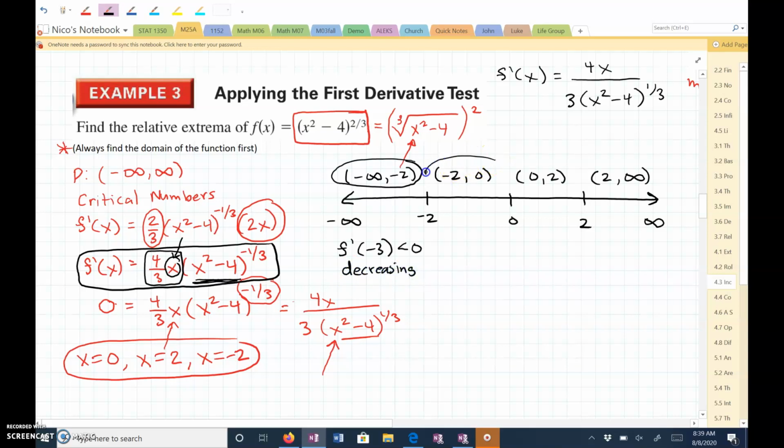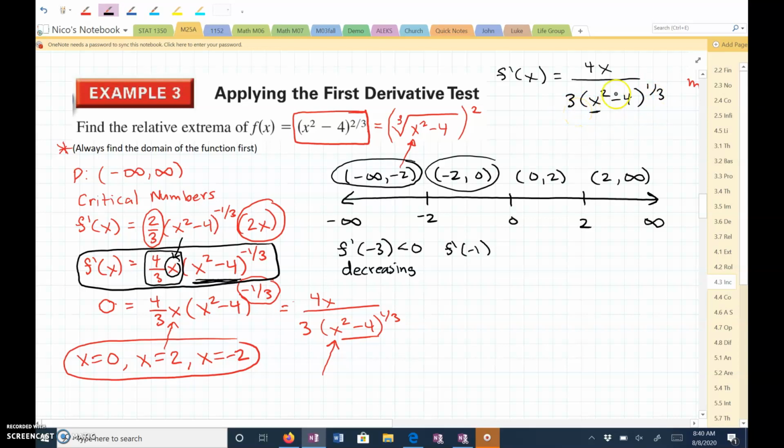Now let's try the next interval. Let's try f prime of negative 1. Numerator would be negative. Denominator this time, you would have 1 minus 4, should be negative 3. Cube rooted, still negative, times 3, still negative.